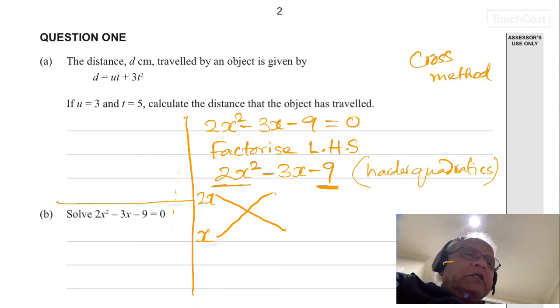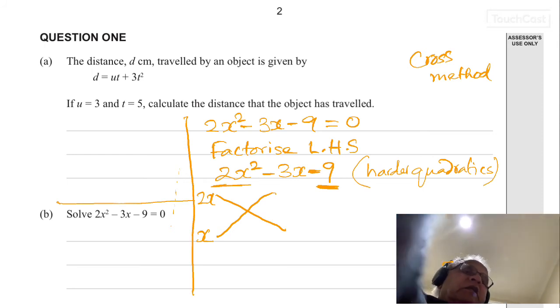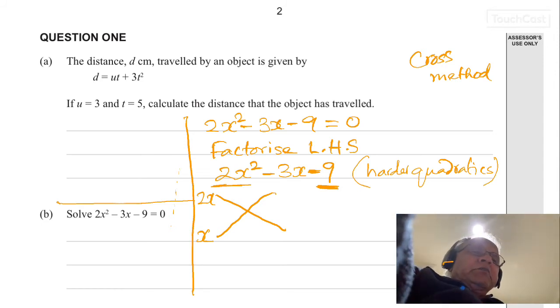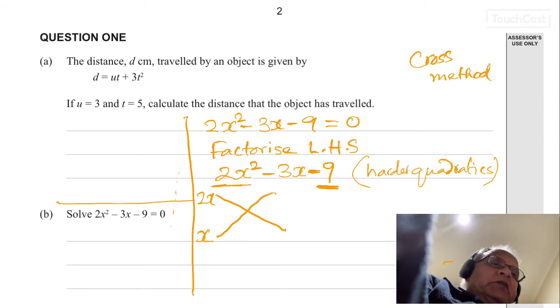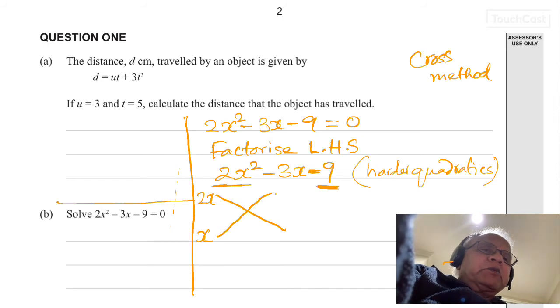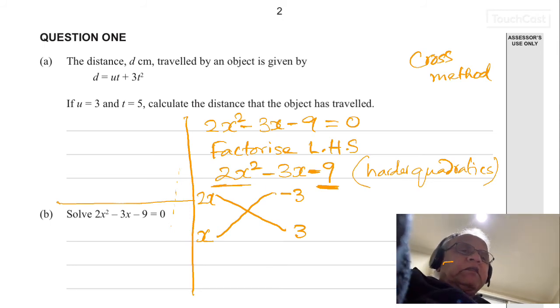Do not call it 9 because this negative sign has a serious effect on that number, because you've got to imagine it's a number line and negative 9 is sitting somewhere else. So negative 9, and I'm going to try negative 3 and 3. If I multiply negative 3 and 3, that will give me negative 9. And then I'm going to test whether it's going to work.